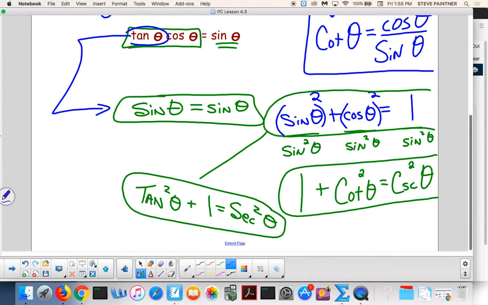So change tangent to that. Then you're going to multiply this times cosine. And what do we do when we multiply? We don't cross multiply, we cross-cancel if we can. Is this number and this number the same? Yes. What's left, guys? Sine over 1, which is sine.